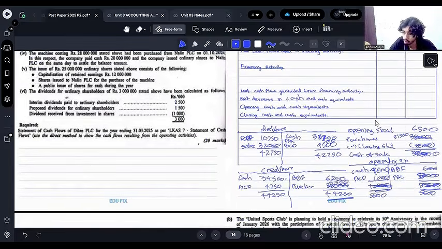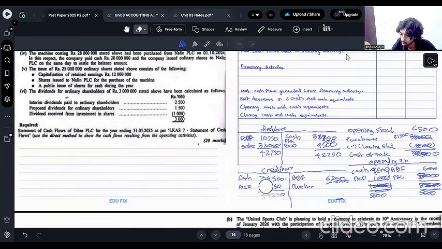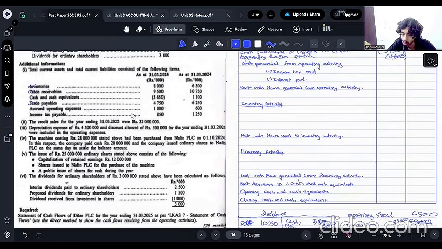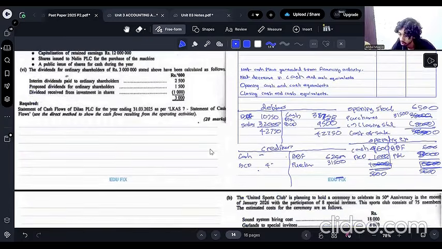And when you balance this off, let me erase it. Purchases value 31,500. The closing creditor balance is 4,750.